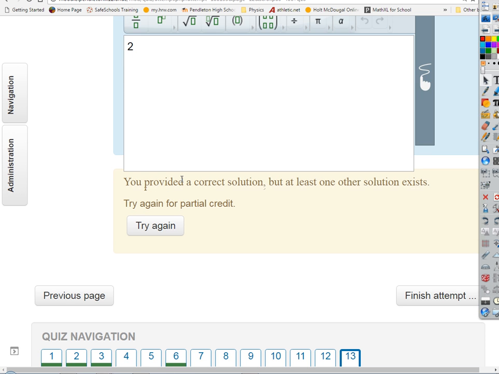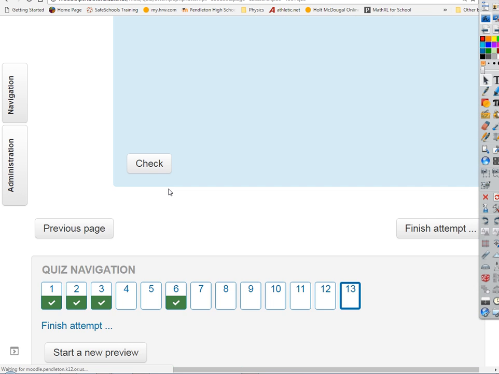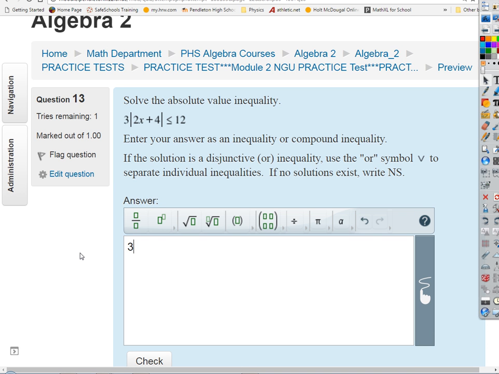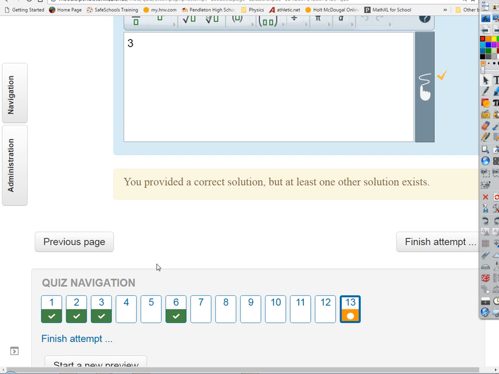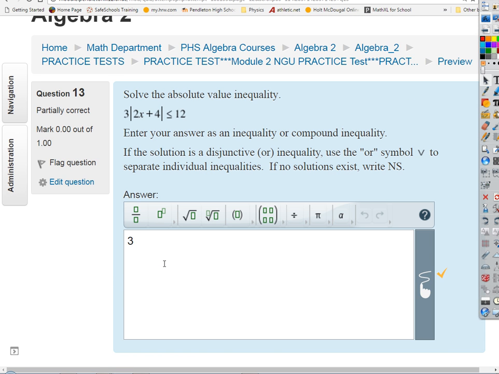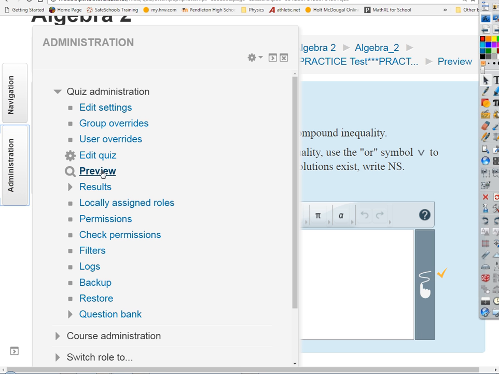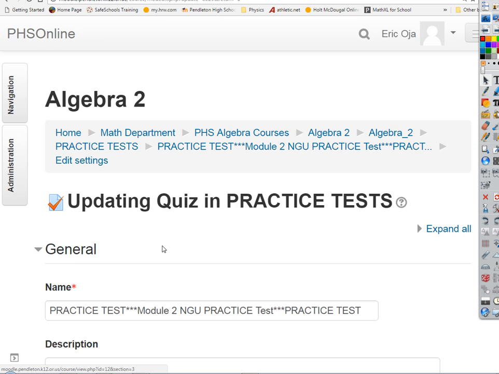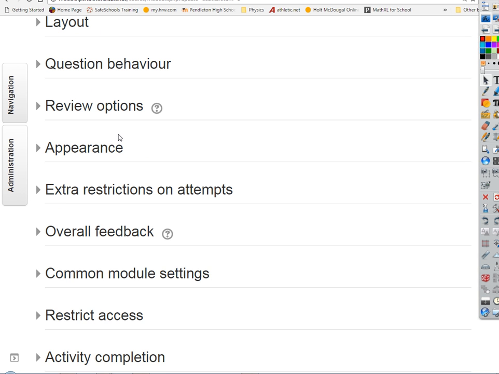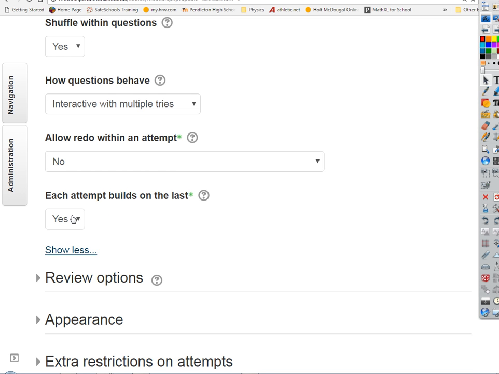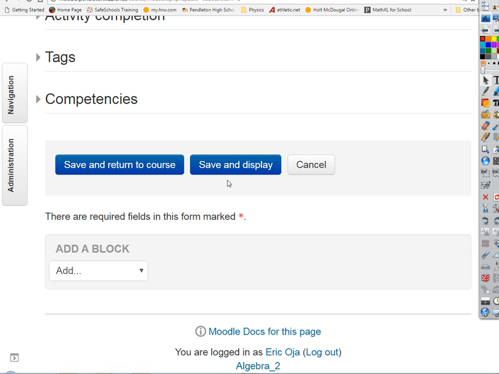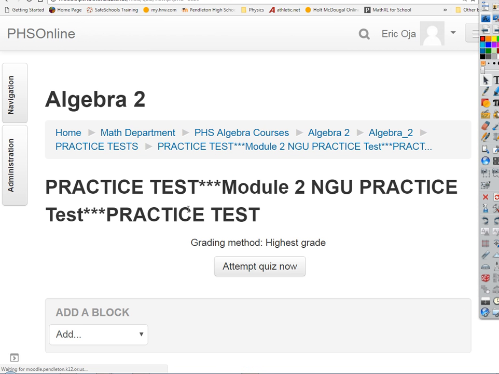On these, I set this up so if you either miss it twice or you get it right on the practice tests, you can, oh, what? I didn't, but I will. Oops, that's not what I want. No. Yes. There we go.